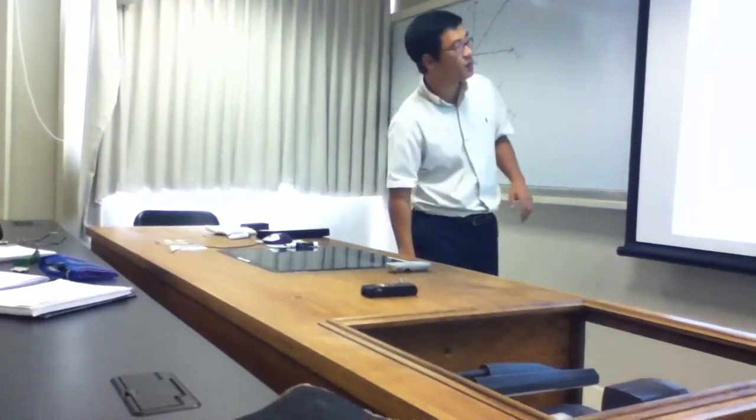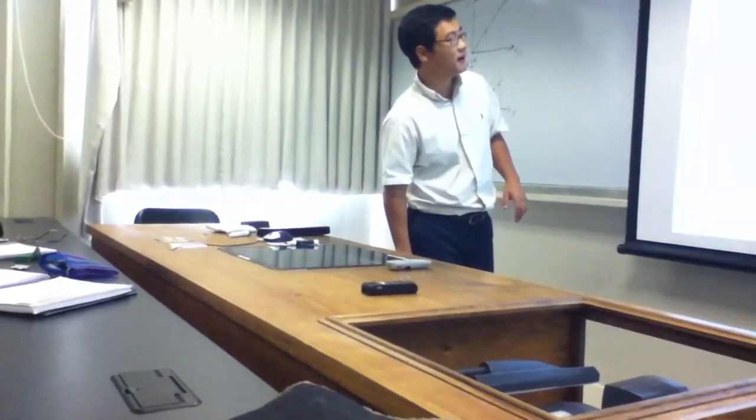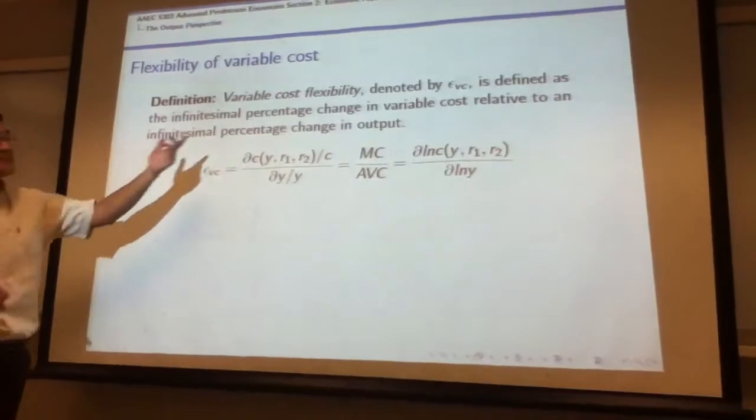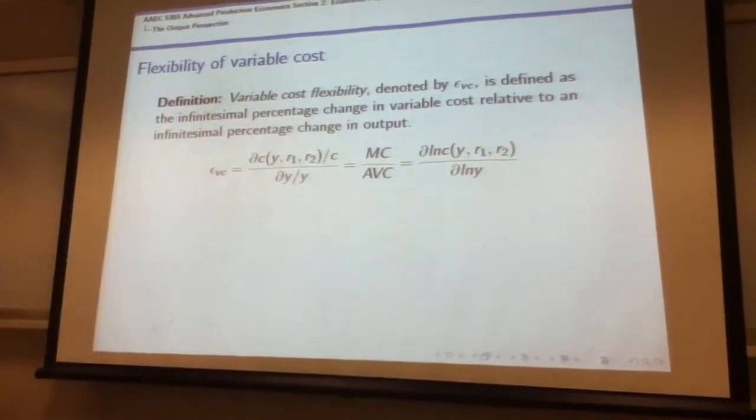I guess the next thing we're going to do is define the so-called flexibility of variable cost. Flexibility is another way to say elasticity.